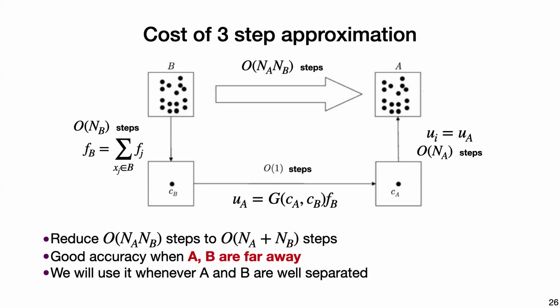And so we aggregate both the force and the center. So this is similar to Barnes-Hut. We're going to use this, called the far approximation, whenever A and B are well separated, for some definition of well separated that we will see shortly.